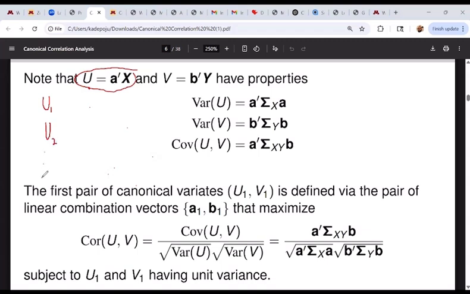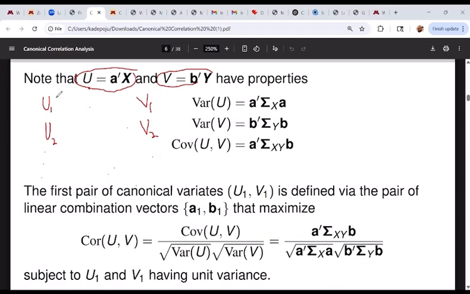Even here, there's going to be a lot of canonical variates. We're going to have V1, V2, and so on, and each of the V1 and V2 is going to be a linear combination of the set of Y. And each of U1, U2, and so on will be a linear combination of the set of X.